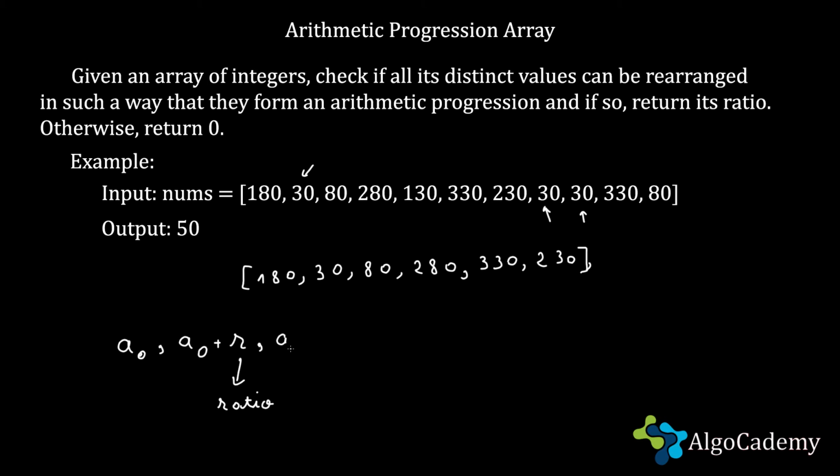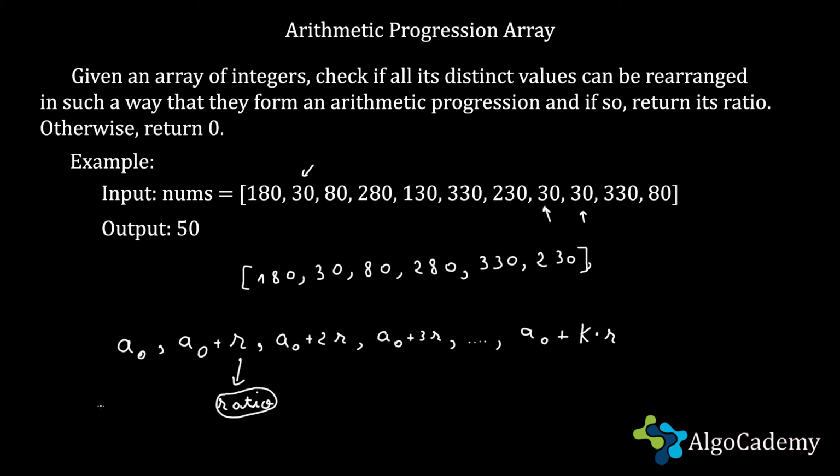So I can write the third element as A0 plus 2 times R. I can write the next one as A0 plus 3 times R, right? So basically, as you can see, the difference between each two consecutive elements is the same, and is this ratio, right? And of course, so on and so forth until I have the last element, which again will be written as A0 plus some number K times R, right?